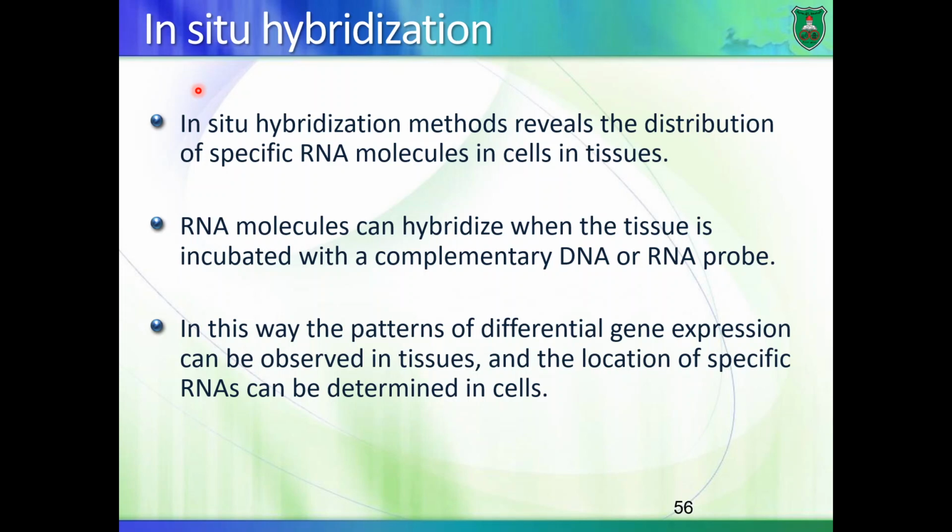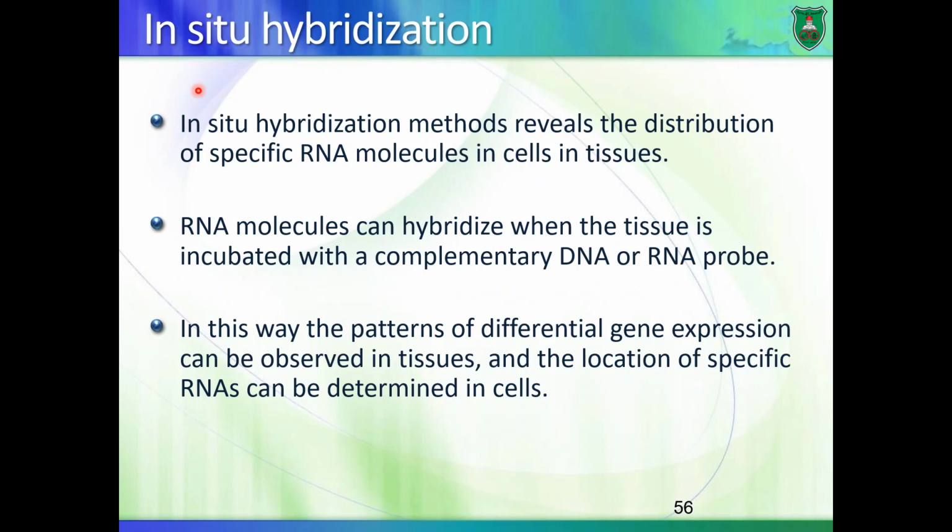So if you take all of the messenger RNA molecules in this tissue, and you see that there is an increase in the messenger RNA in a tumor tissue, for example, you cannot really say that tumor cells express more of this gene than normal cells, because you don't know where this gene is expressed exactly.